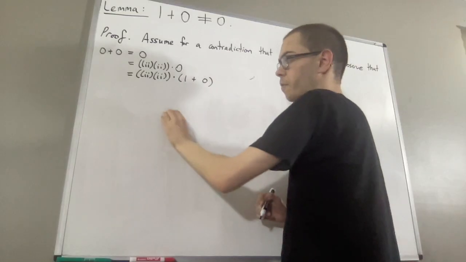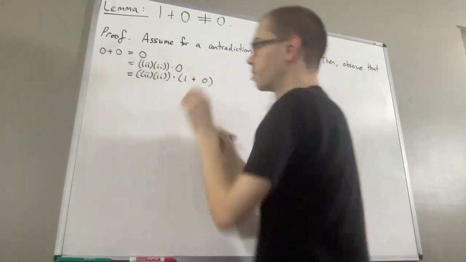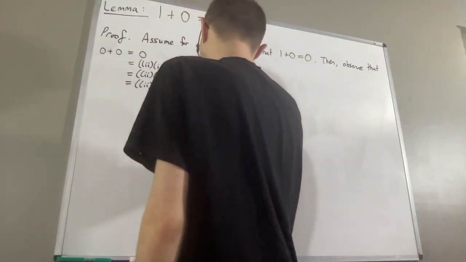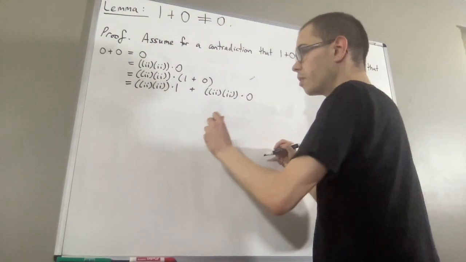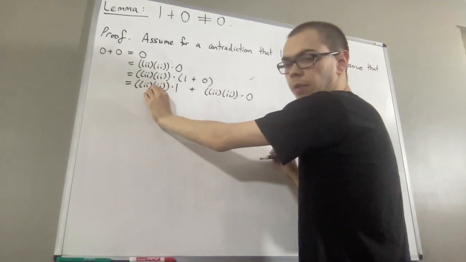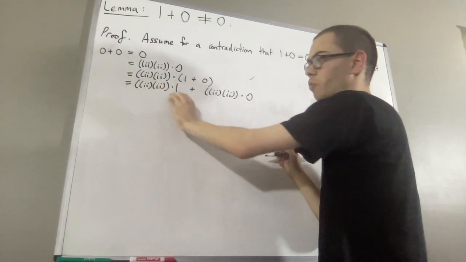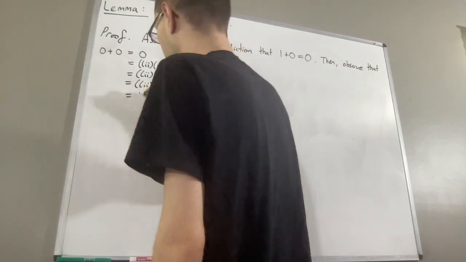Then, let's apply the distributive law. We'll distribute i times i across this parentheses. But then, we know that any complex number times 1 is that complex number. So when we do i times 1, we get i times i.